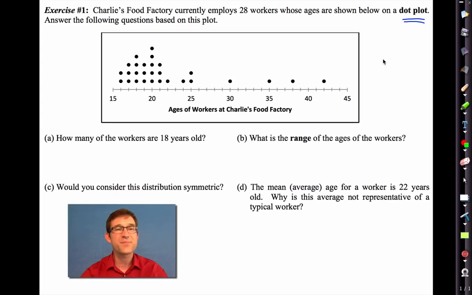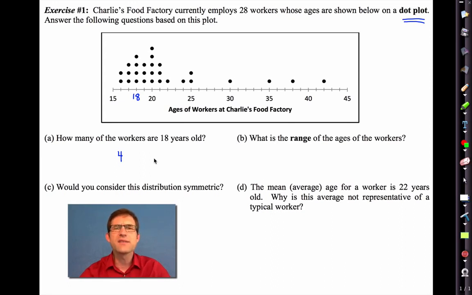Letter A simply asks, how many of the workers are 18 years old? Well, that just goes to how you read a dot plot. The 18 is right here, and there are 1, 2, 3, 4. There are simply 4 workers that are 18 years old. That's pretty easy.